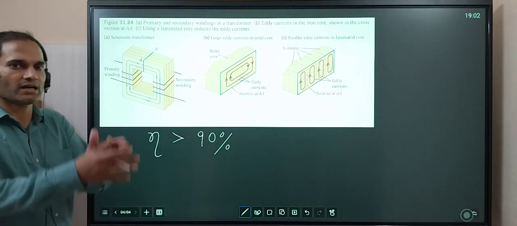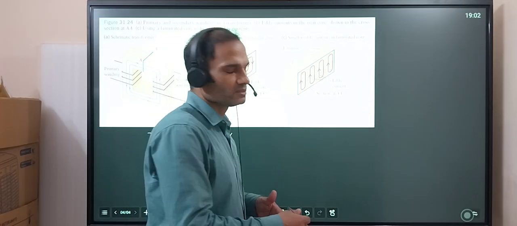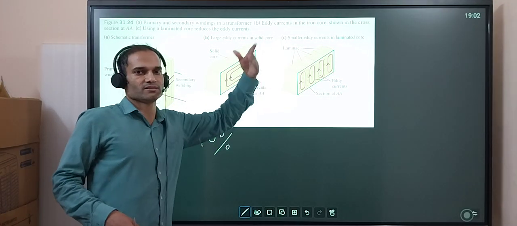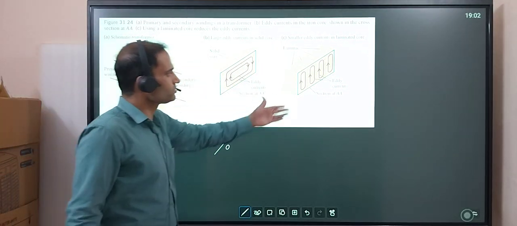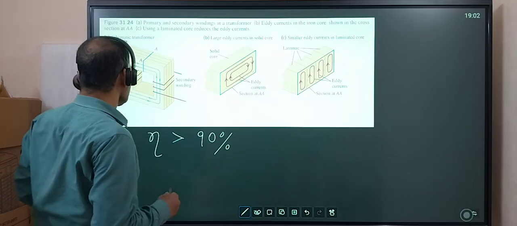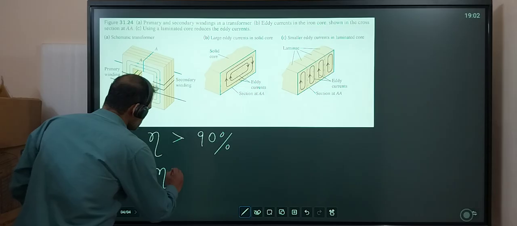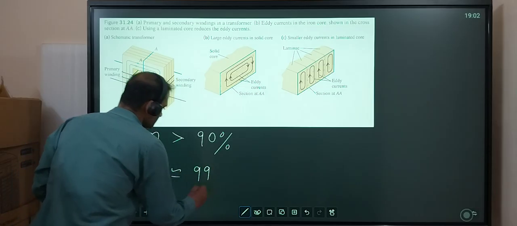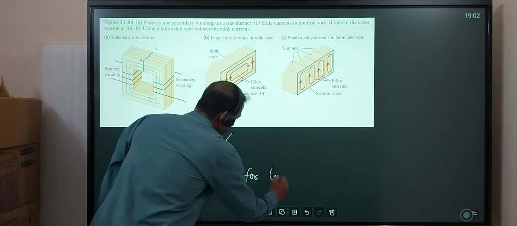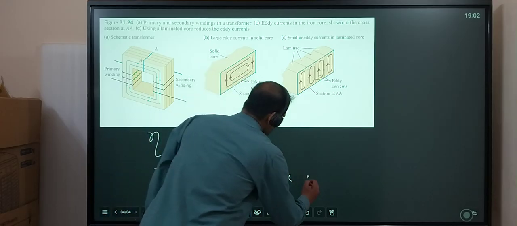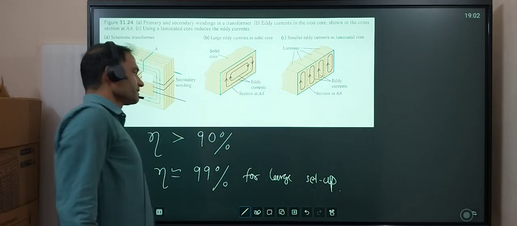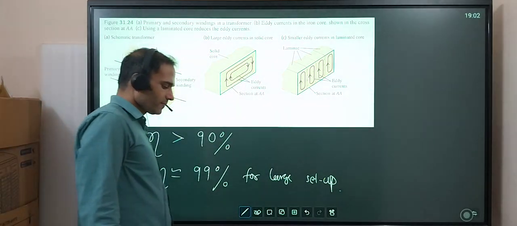And if we have a large transformer, we can use a very large number of sheets, and efficiency can go close to 99% for large setups. So this way we can get rid of eddy current.